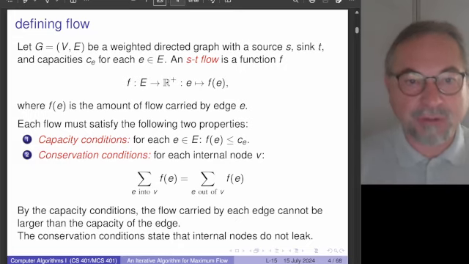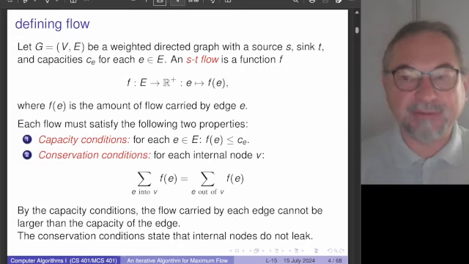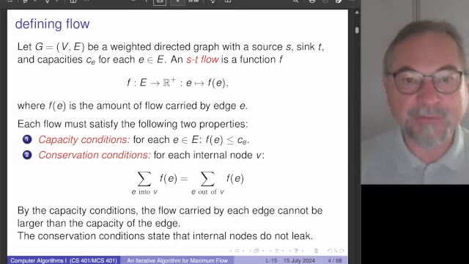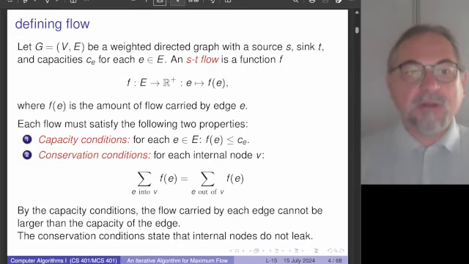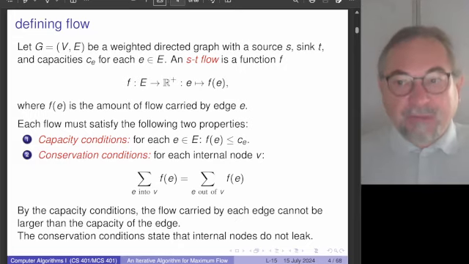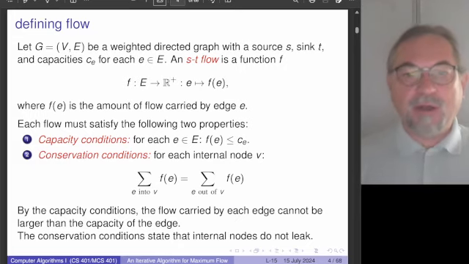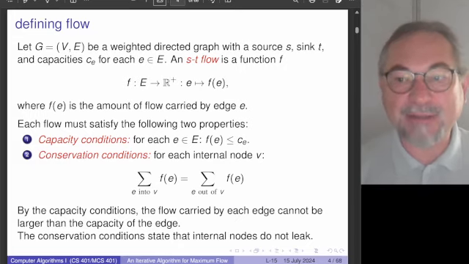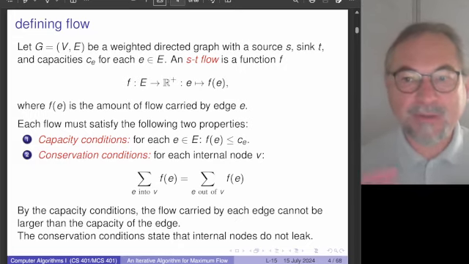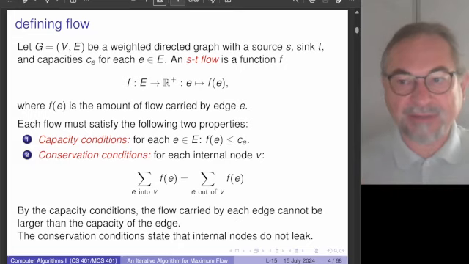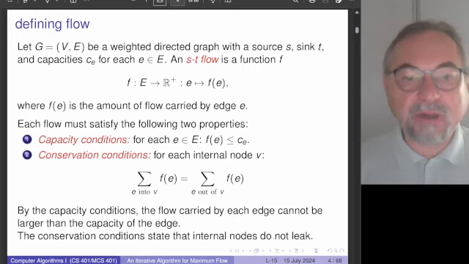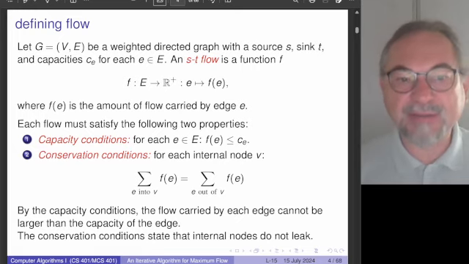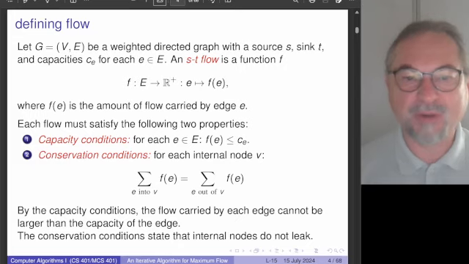It's a function on the edges, and the capacities are positive. Also, the flow is positive. So there are two constraints on a flow. For it to be a flow, we cannot exceed the capacity. So if the edge has a capacity of 3, then the flow on that edge cannot be more than 3. The other constraint is that what comes in has to go out.